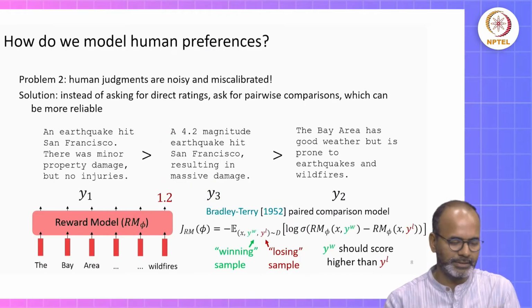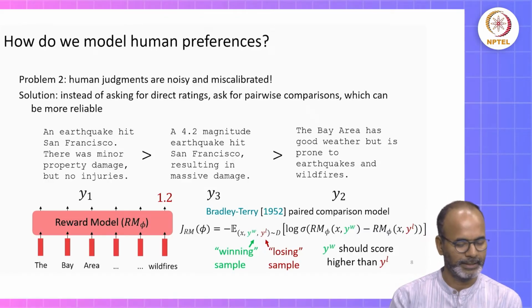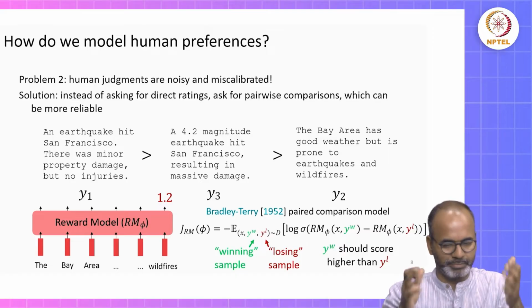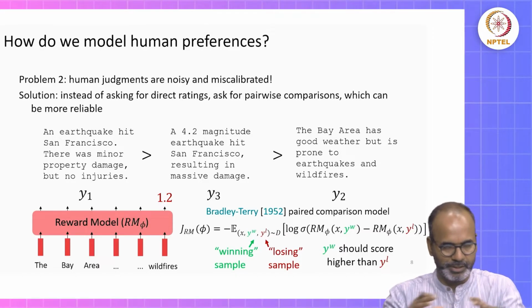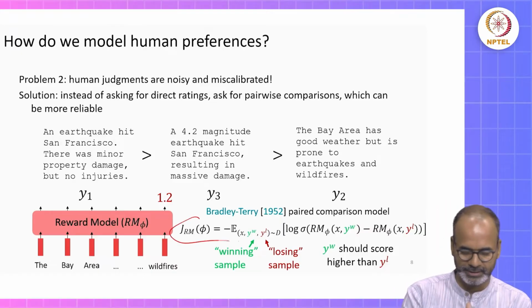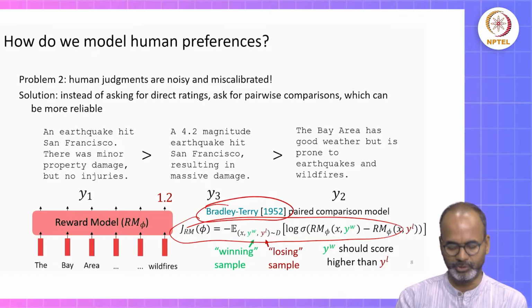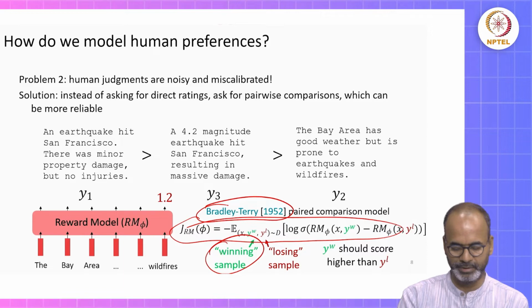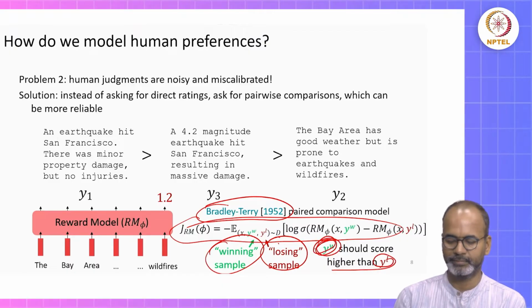So now the question is, how do you model these human preferences, right? We just saw that you can put them in pairs and do it. So the idea here is, don't worry about some of these functions. The goal for me was to show that there is this pairwise comparison model which can be used to find the winning sample and the losing sample, and the goal is that YW should score higher than YL. Right?